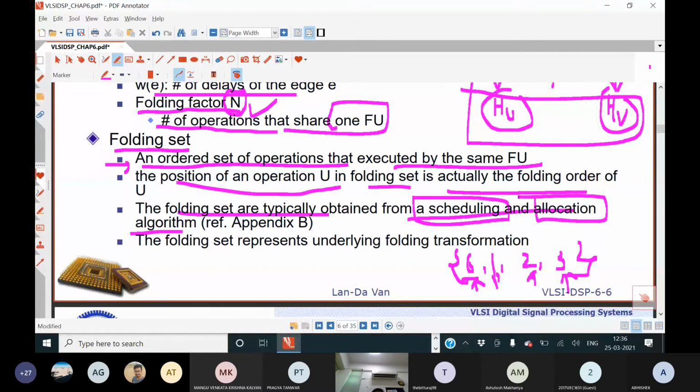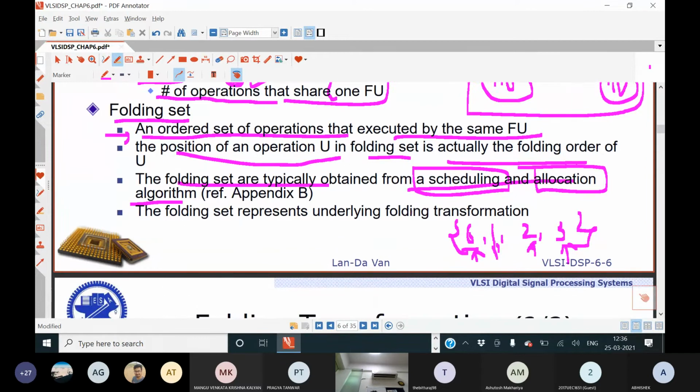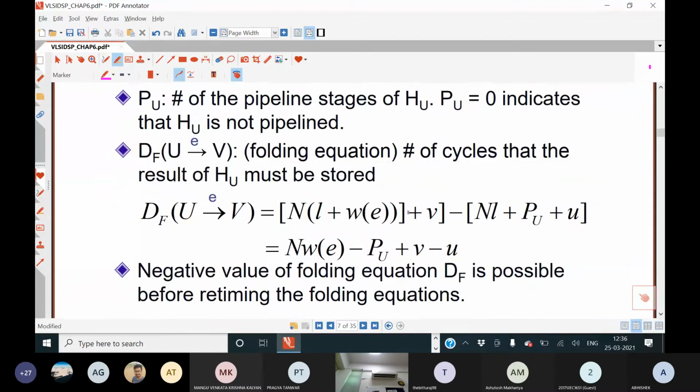That is applicable whenever you want to do time multiplexing. Probably you have followed the Micheli book, where in chapters maybe 5 and 6 the scheduling and allocation are defined. That concept we will apply when we apply the folding concept.